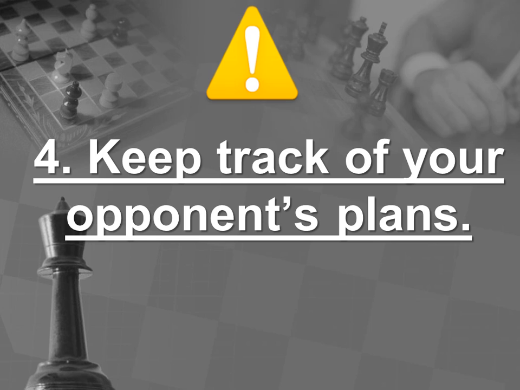Practically this means that after an opponent's move, before starting to think about your own ideas, first of all, you need to keep track of your opponent's plans. You need to ask yourself a question: what is an idea behind the last opponent's move, and what is he going to do next? That's where we ended the previous lesson, and now let's move forward.